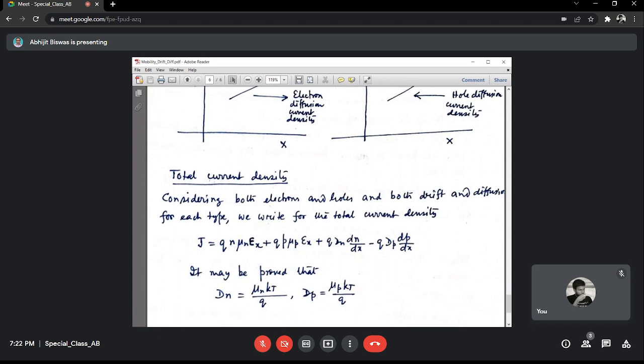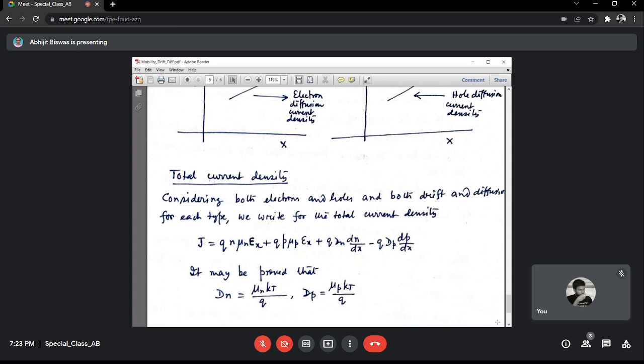Second component is the drift of holes, that means q p mu p into Ex. Next one is the diffusion component of electrons. Dn is the diffusion coefficient, q into Dn dn/dx, it is the gradient of electrons, and minus q Dp dp/dx, it is actually the contribution of the whole diffusion current.